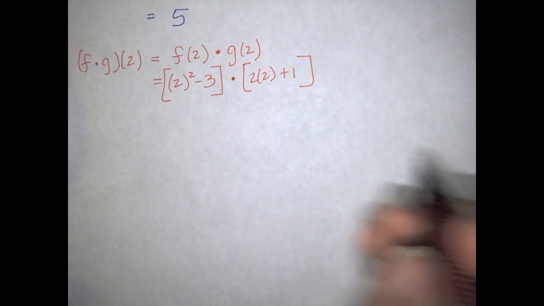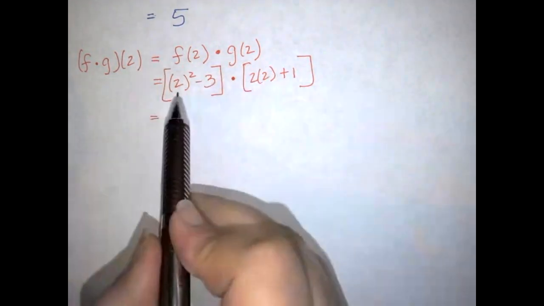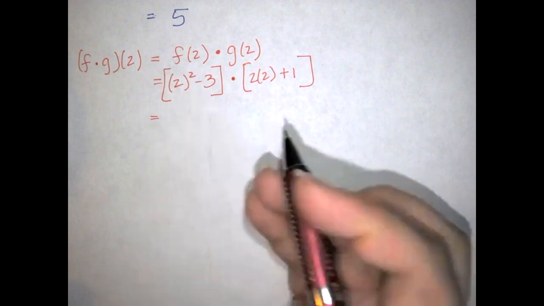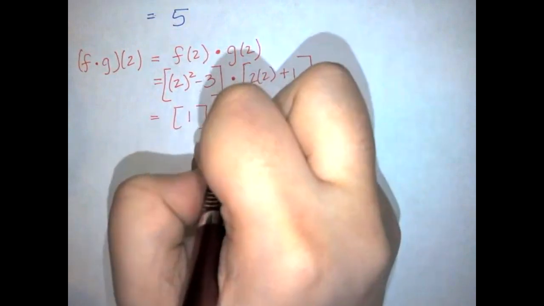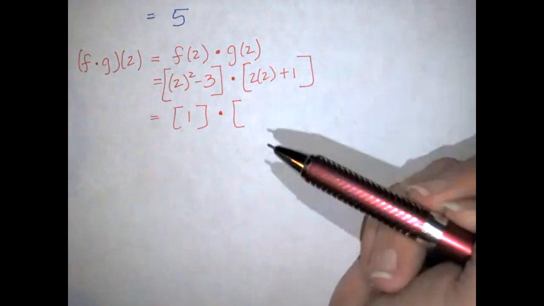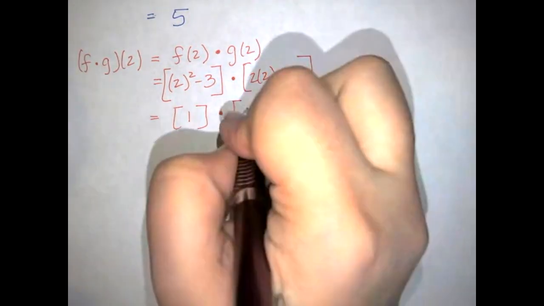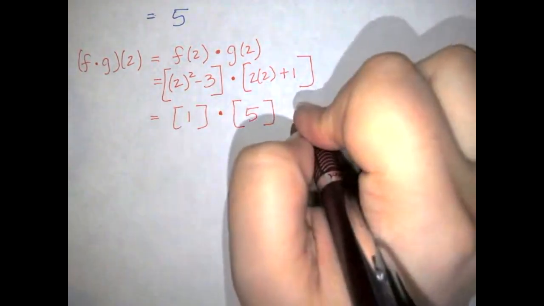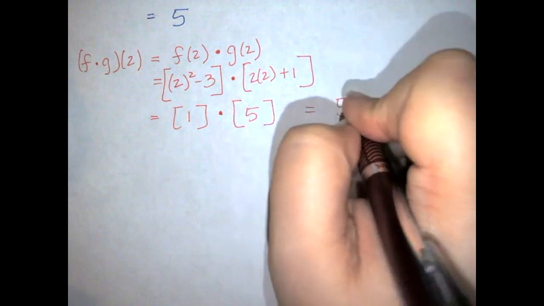So now let's simplify. So when we look at this first part, 2 squared is 4, minus 3 gives you 1. And then we're going to multiply that by the second part. 2 times 2 is 4, plus 1 is 5. So when I multiply those together, I get 5 as a result.